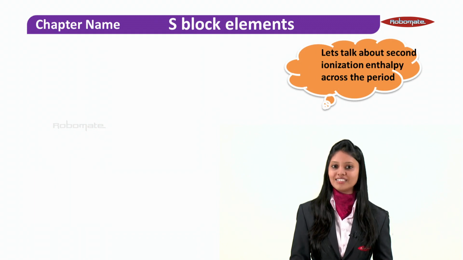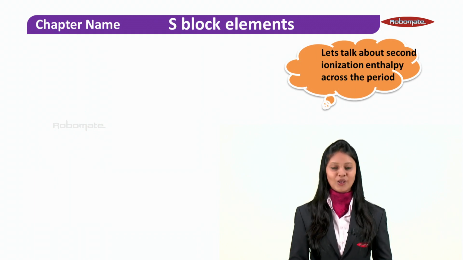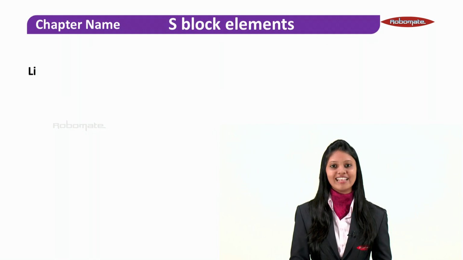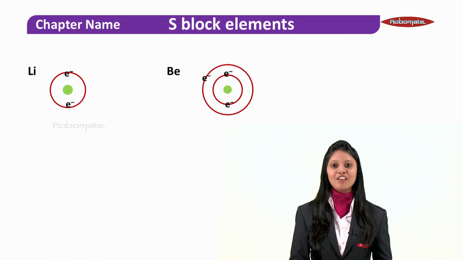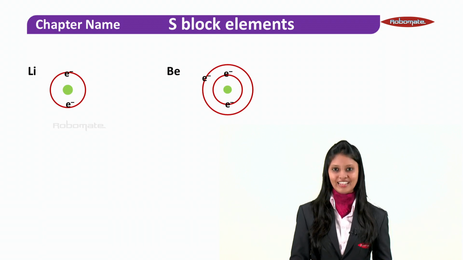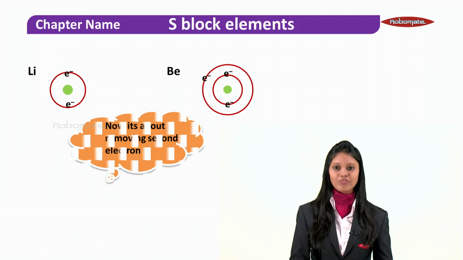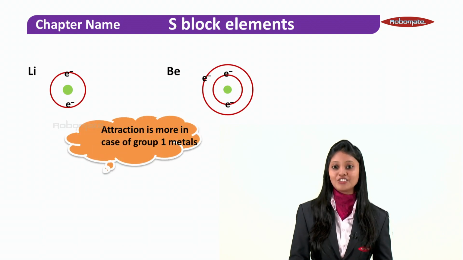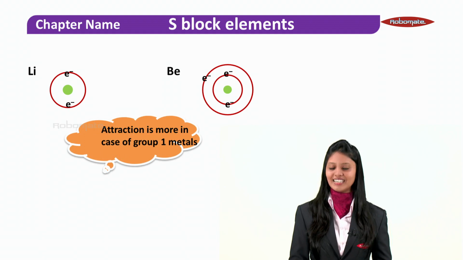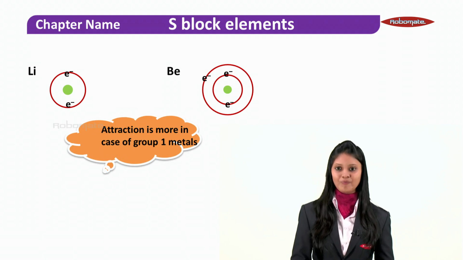Now let's talk about second ionization enthalpy across the period. Let's consider lithium and beryllium, which have already lost one electron, and now we will talk about removing the second electron. The amount of energy required to remove the second electron is the second ionization enthalpy.